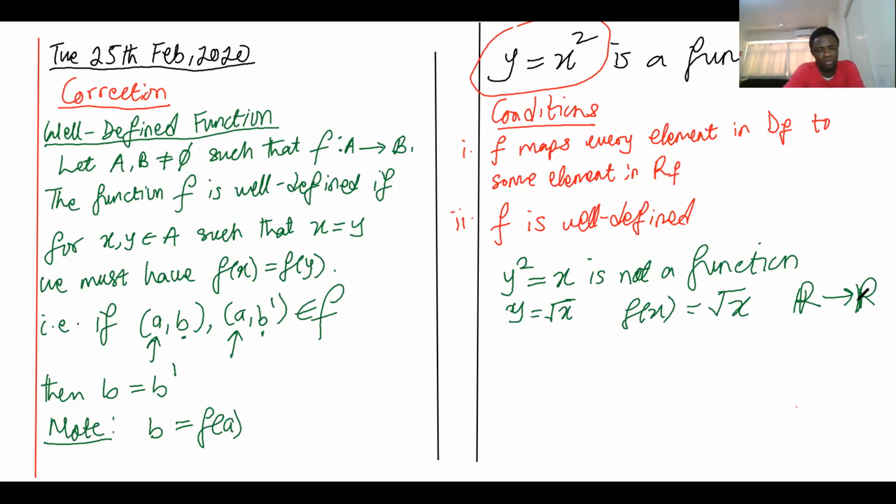I don't think so. You can get decimal, right? You can get decimal. Is the decimal number in R?